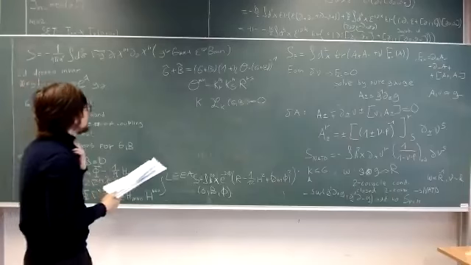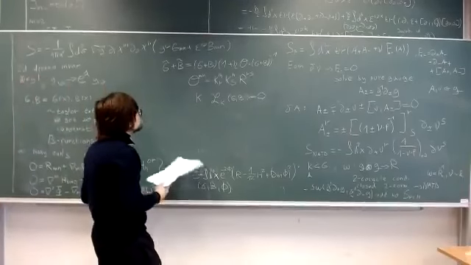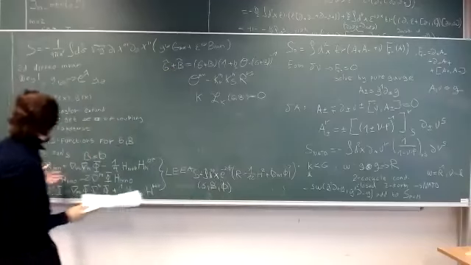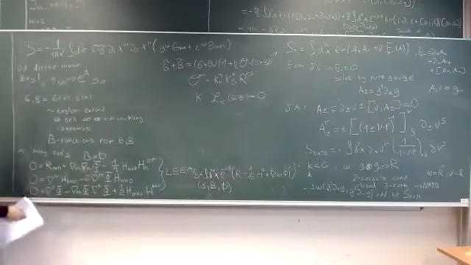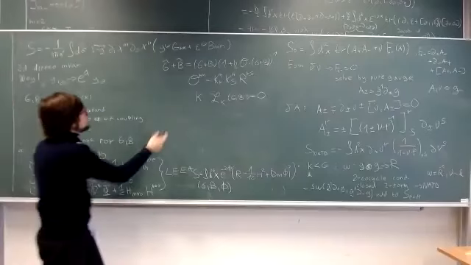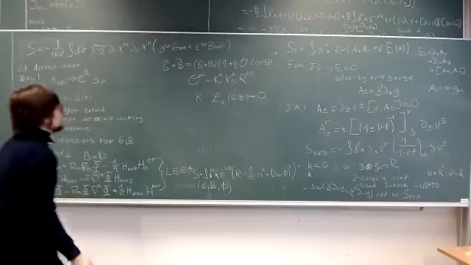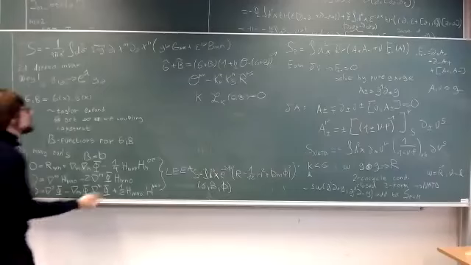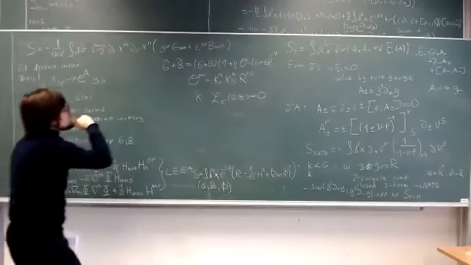And what you can do is plug this into the equation, so you can get the new metric, the new B field, and you can also get the new dilaton by taking the trace or determinant of something.